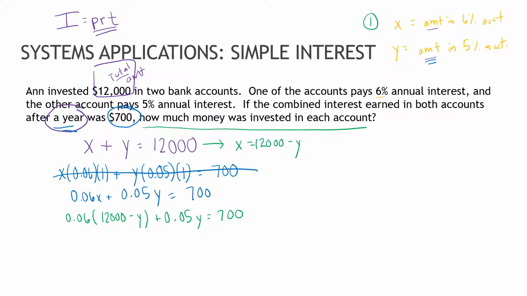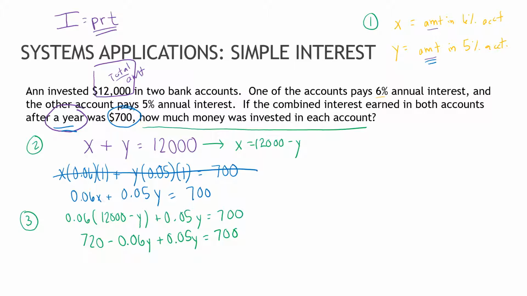Again, step 1, step 2, step 3, and then just keep going. 0.06 times 12,000 equals 720 minus 0.06y plus 0.05y equals 700.